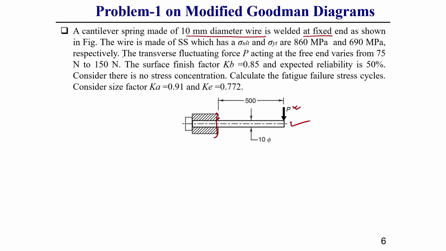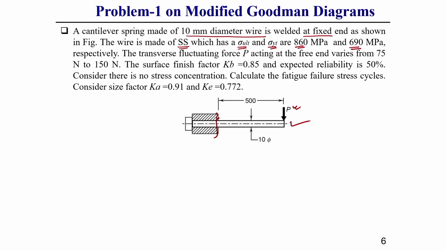The wire is made of stainless steel, which has ultimate stress and yield stress given as 860 megapascal and 690 MPa respectively.